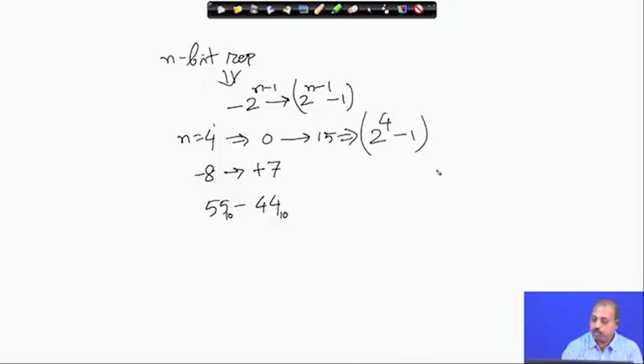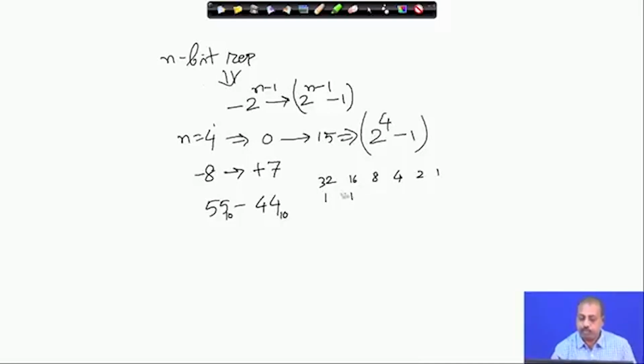For binary representation, it is easy if you just write down this chart on top: 1, 2, 4, 8, 16, as we are proceeding towards the left, the weight of the digits are increasing. So, for 55, this 32 bit must be 1. So, 32 is gone, and you are left with 23. So, this 16 must be equal to 1. 23 minus 16, so you are left with 7.